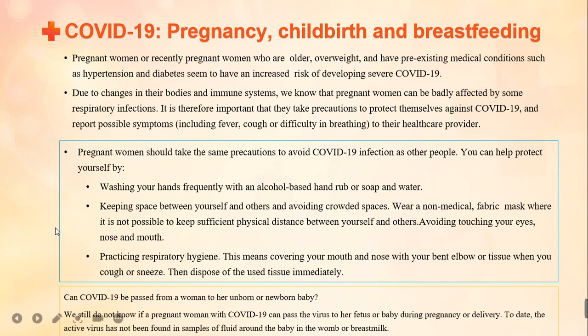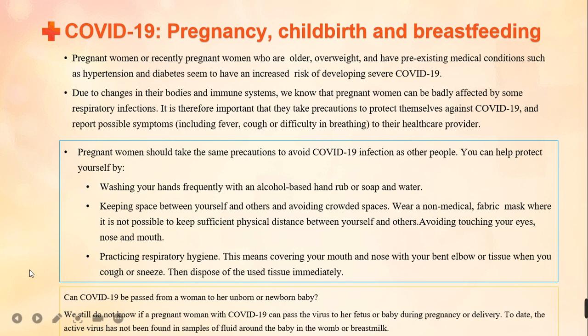There is a common question among pregnant women and their bystanders, like husbands: can COVID-19 be passed from a woman to her unborn or newborn baby? To date, there is no evidence that COVID-19 can be passed from a woman to her child through blood, breast milk, or the umbilical cord.